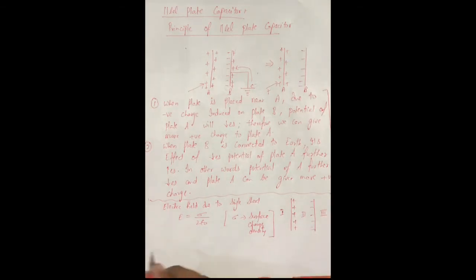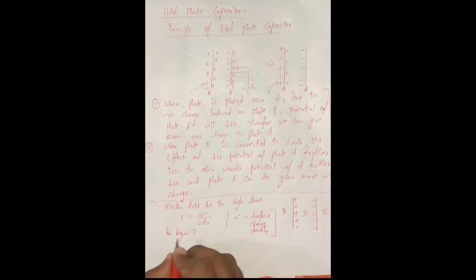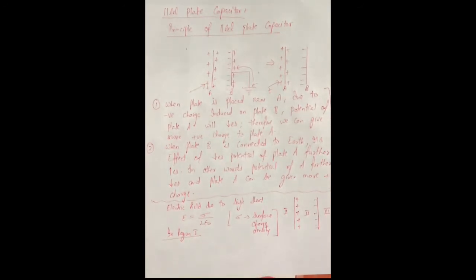What it was, in region 1, this electric field comes out to be electric field due to the first plate plus electric field due to the second plate. Electric field due to the first plate was negative and electric field due to the second plate was positive.